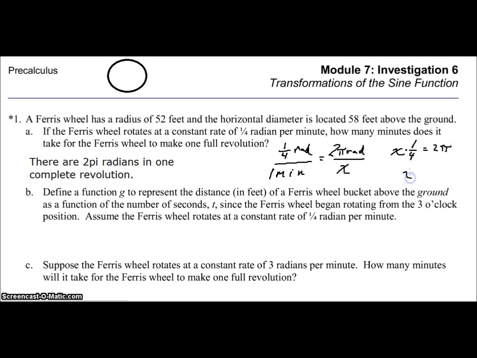Multiply by 4 on both sides, x is 8 pi. So it takes 8 pi minutes for one full revolution. And that is 25.13 minutes.